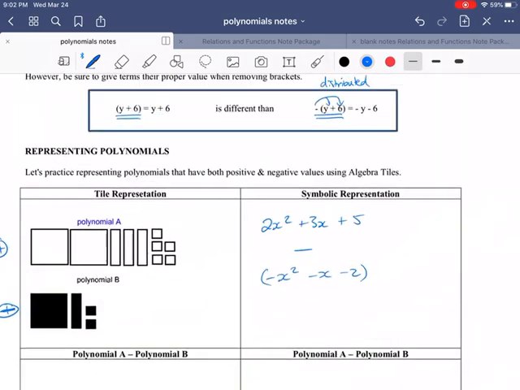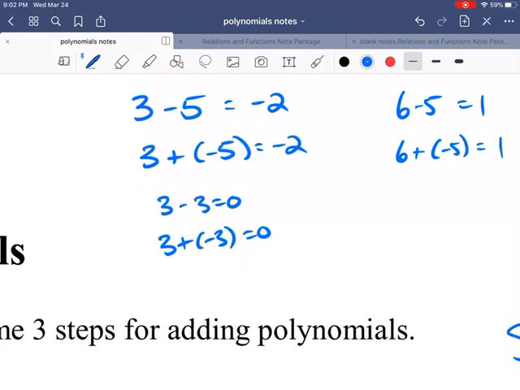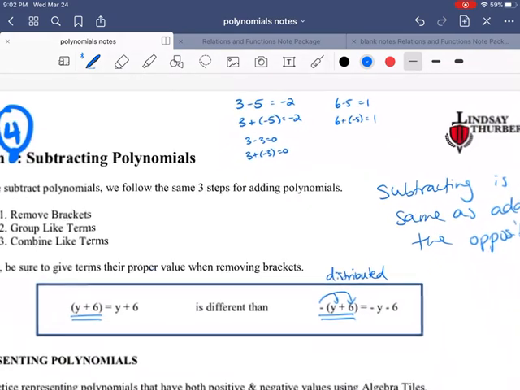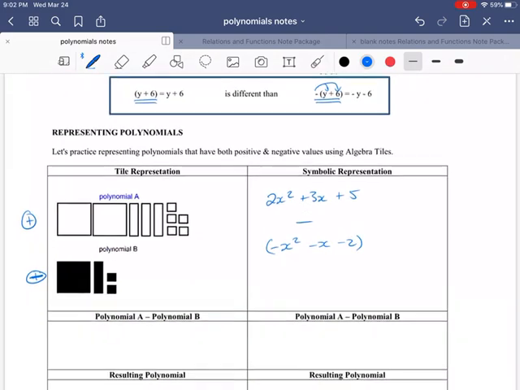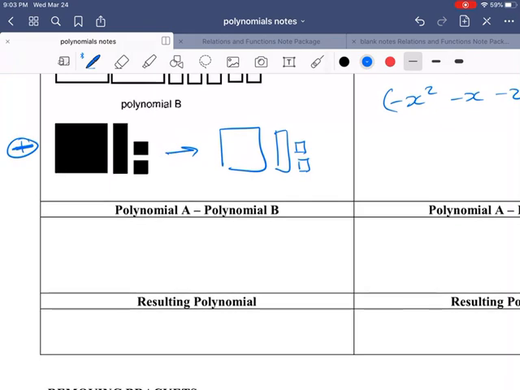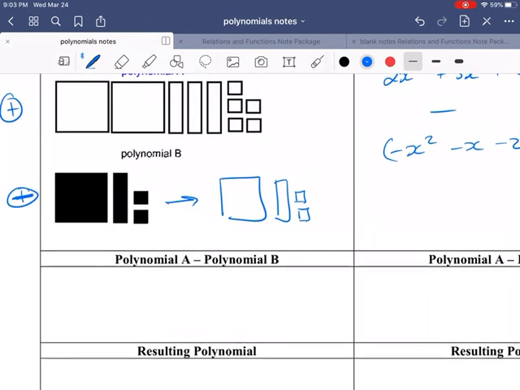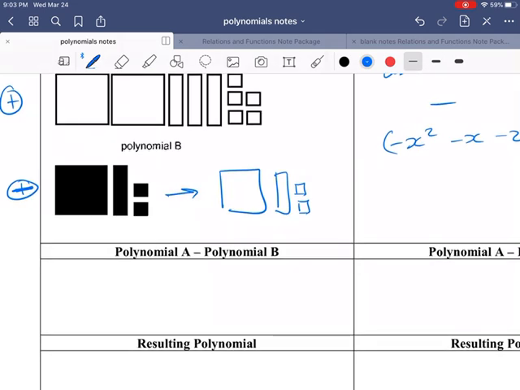So if we go back to this initial idea that subtracting a number is the same as adding its opposite, if we take that concept to algebra tiles, adding the opposite is going to be flipping the algebra tiles. So if we were to flip all these over, you would end up with that. So polynomial a minus polynomial b is actually the same as polynomial a plus the opposite of the set of polynomial b.